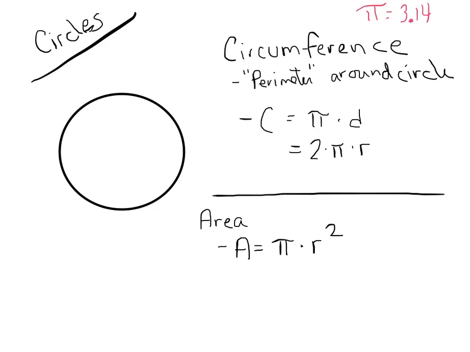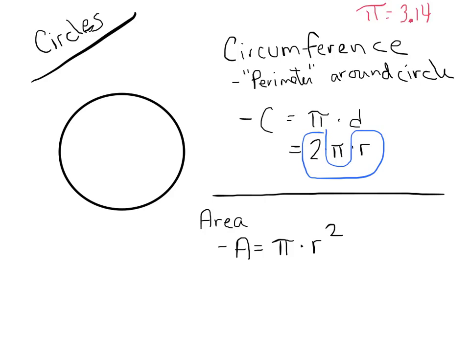But for our purpose, pi equals 3.14. So our circumference is given by either taking 3.14 and multiplying it by the diameter, or I can take 2 times the radius, which is really equivalent to the diameter, and multiply it by pi.